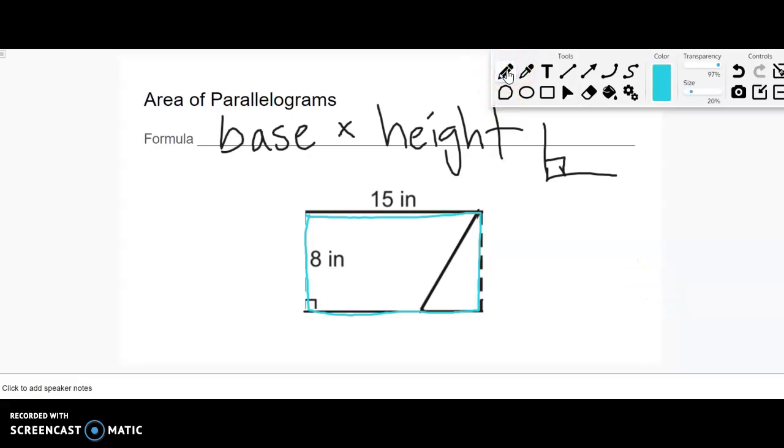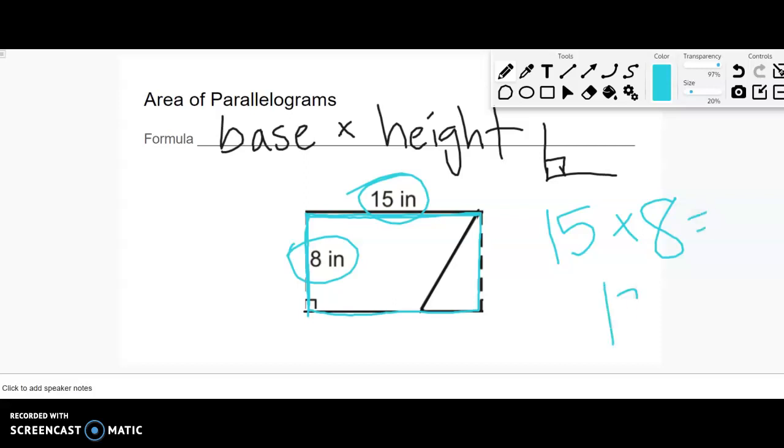Well, we know we can do the length times the width. So the length times the width, or the base and the height of the parallelogram, we can use to find the area. So we just do 15 times 8. All right, so once we multiply that, we should get 120 for this one.